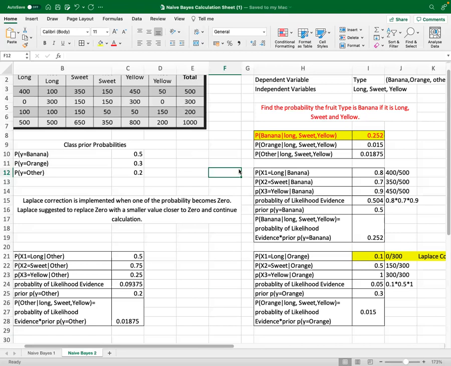But technically it will say no to banana. Got it?